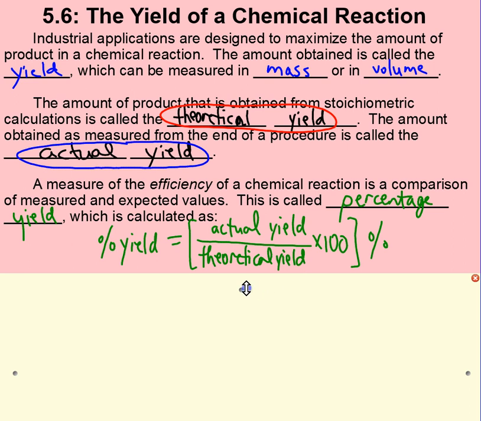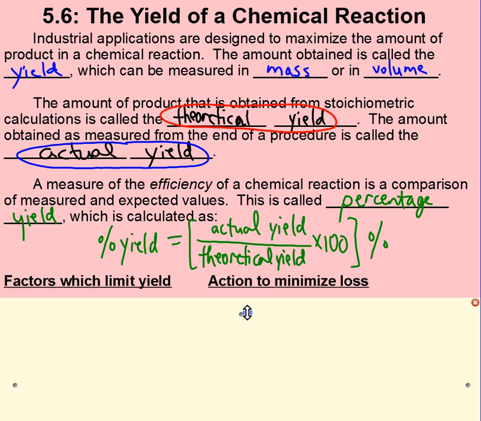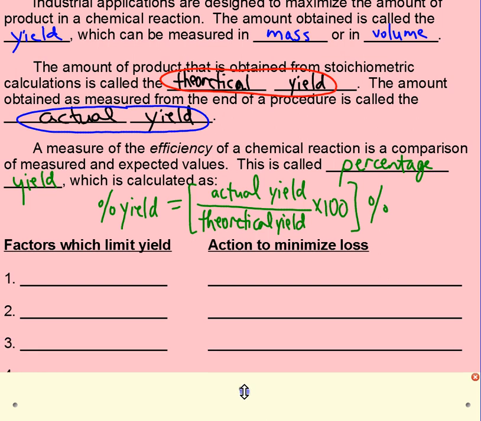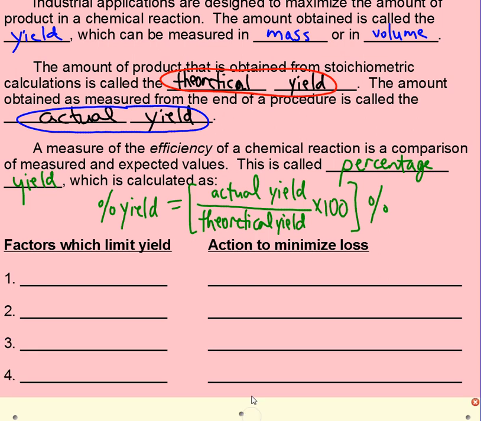It's important when we look at these chemical reactions that we recognize there are a lot of things that can be done in chemical engineering to optimize the yield of a reaction. There are factors which limit or reduce the yield. And here, we're not talking about limiting reagents so much.